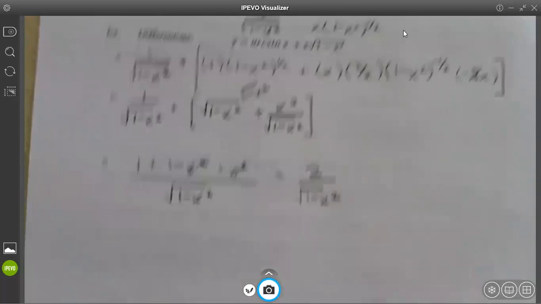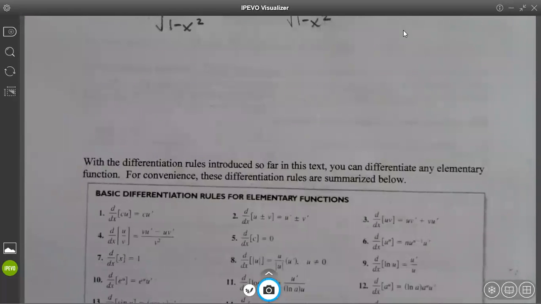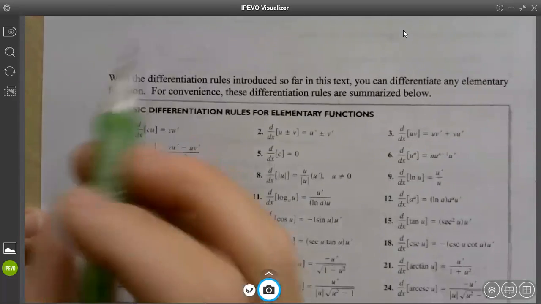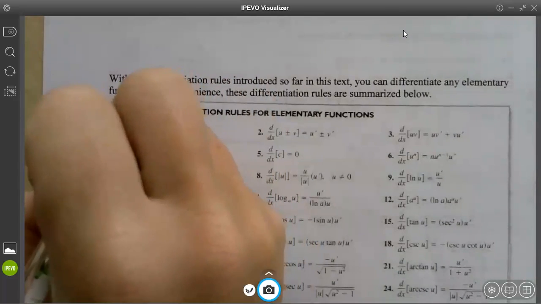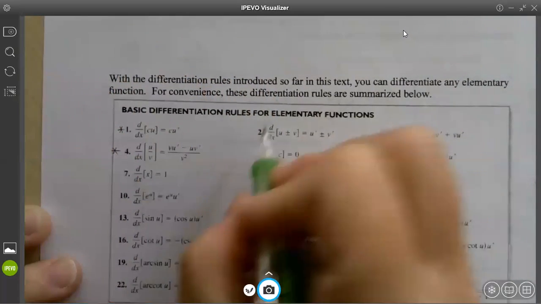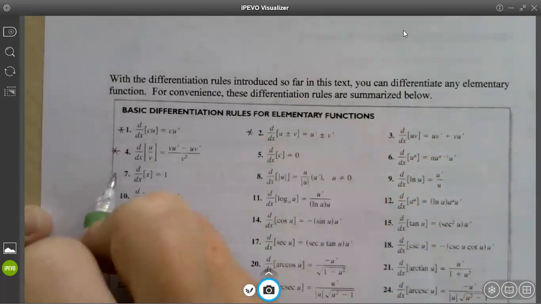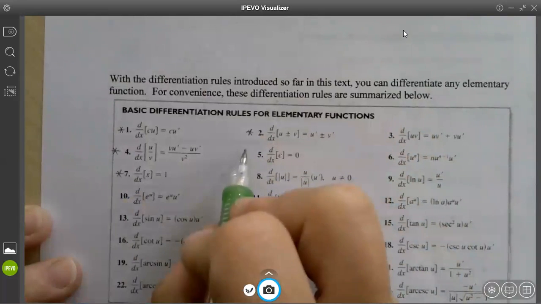All right. With the differentiation rules introduced so far in this text, you can differentiate any elementary function. For convenience, these differentiation rules are summarized below. So these rules, this one and this one and this one, this one.